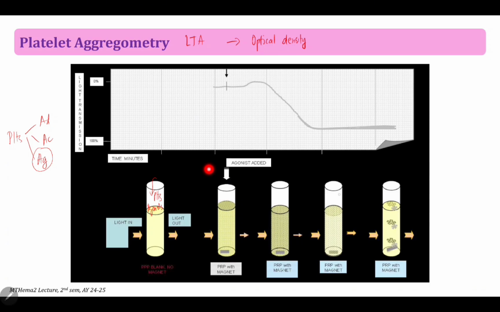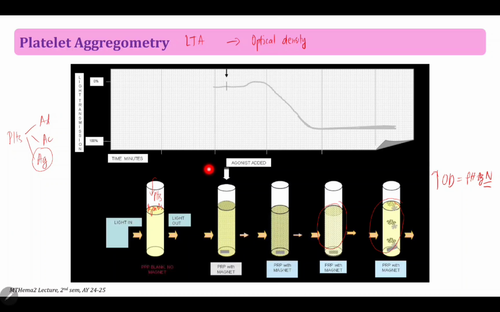Once it forms clumps, the specimen becomes clear, which is measured by the aggregometer. If you have a higher light transmittance, that means your platelet aggregation function is normal, because the sample cleared out. They clumped properly, so the aggregation is functioning well.